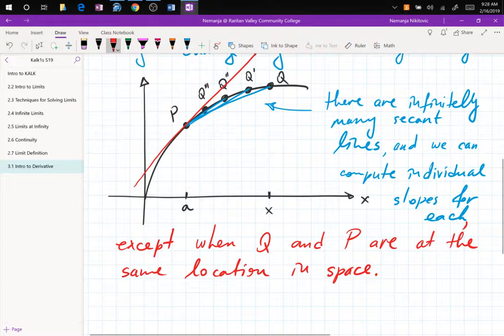So we are able to compute infinitely many slopes before Q hits and after it passes point P, using basic algebra to compute the slopes. At the single point, when they're at the same location, we cannot use algebra to find the slope.